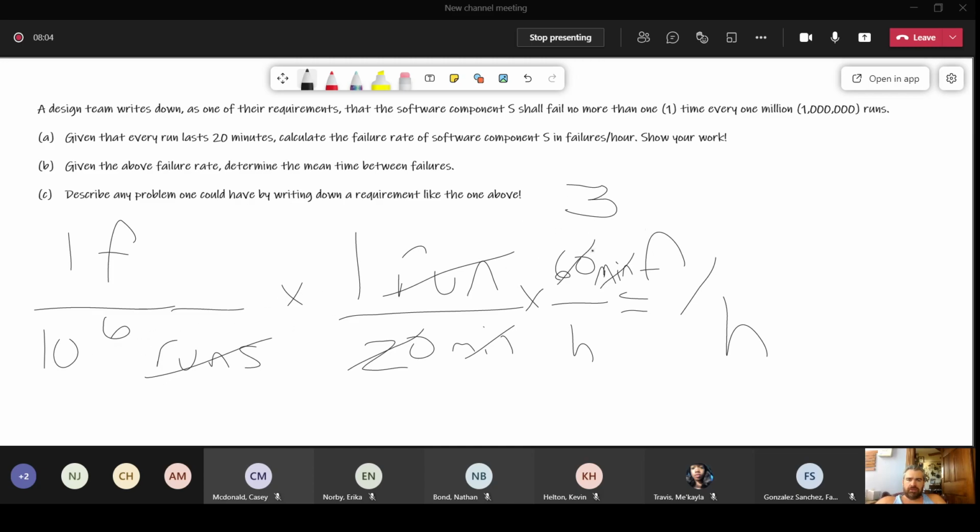We divide that by 3 and you end up with 1/3 times 10 to the 6th. So what's that? It's like 3.3 times 10 to the negative 6th failures per hour.